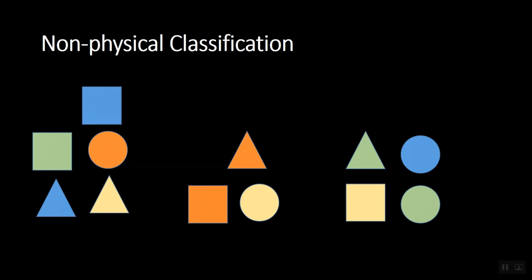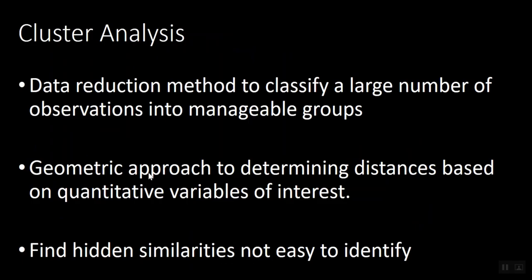One of the things I want you to realize, not that a cluster analysis is necessarily going to identify the variables that you need, is that you should always be cognizant of the variables that you're using.